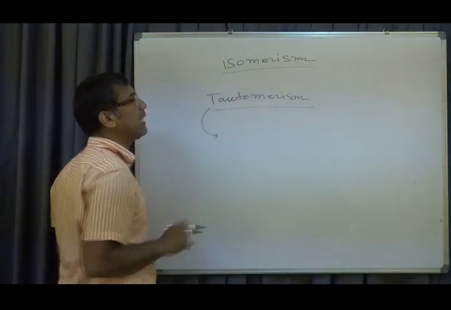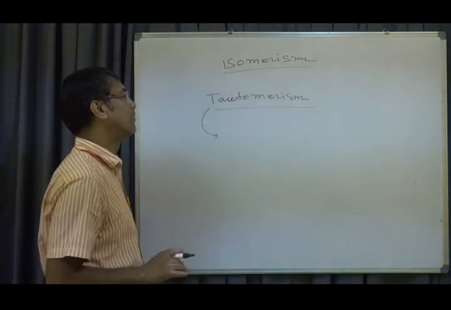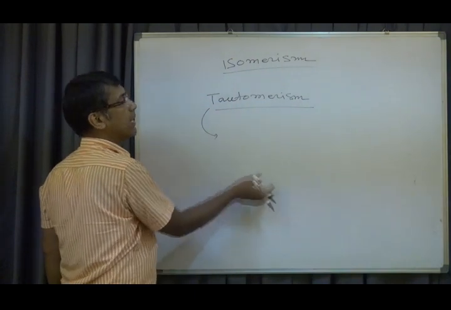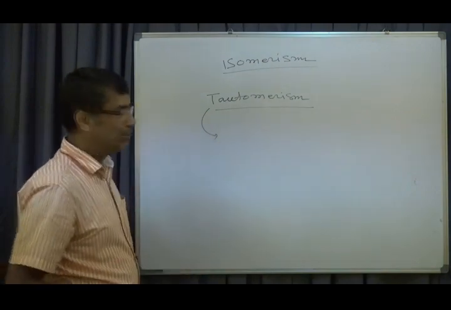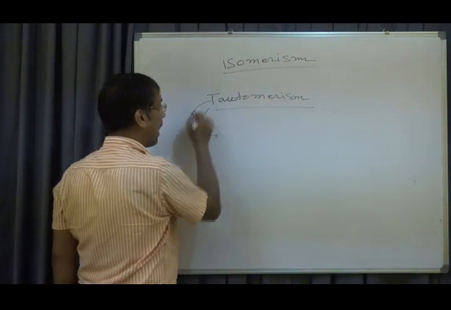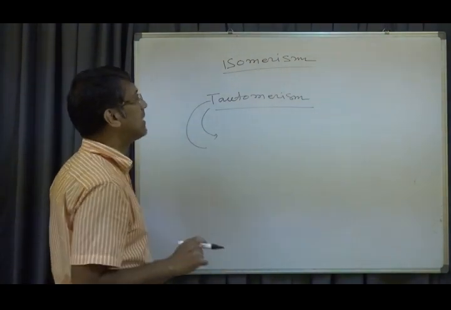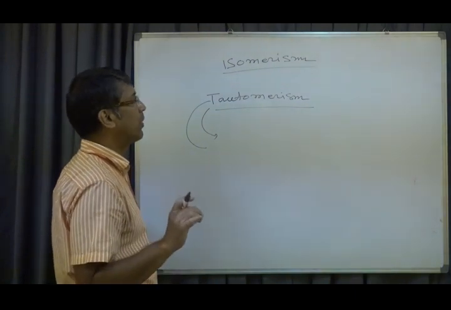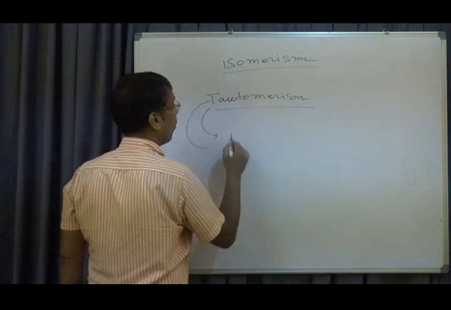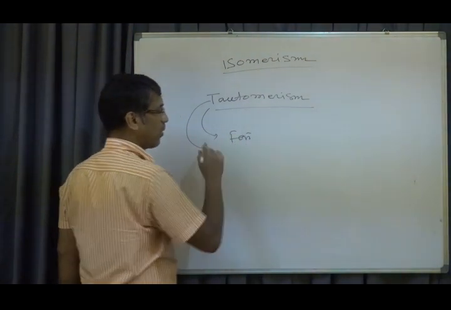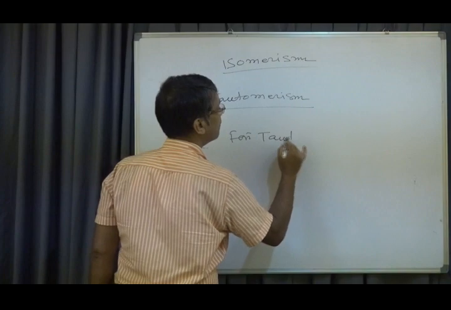Aldehyde and ketone, both compounds show a special type of isomerism, that is tautomerism. Now we see what is the first and foremost requirement for tautomerism.